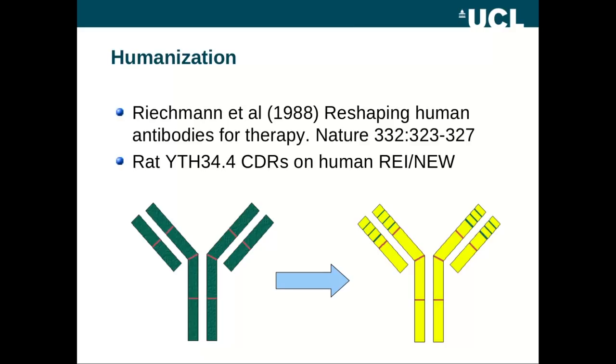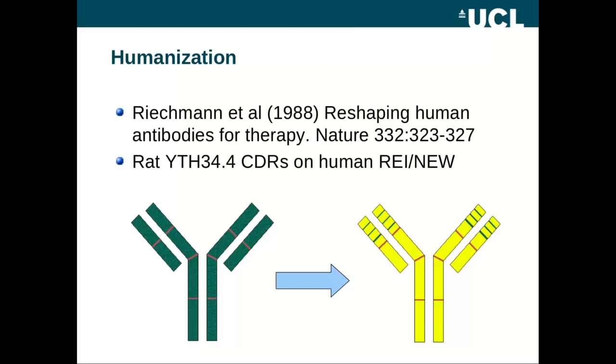Actually, not this bit of work, but another bit that I'll mention later. So Greg Winter's group was in Cambridge. Now, Cyrus Chothia, who I mentioned earlier, who did this analysis of the conformation of these antibody CDR loops, was also working in Cambridge.